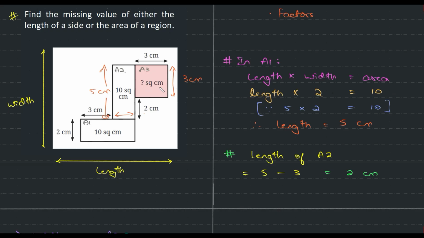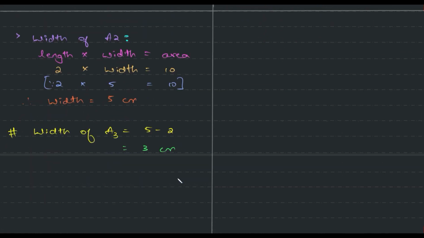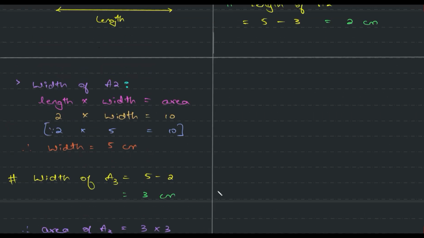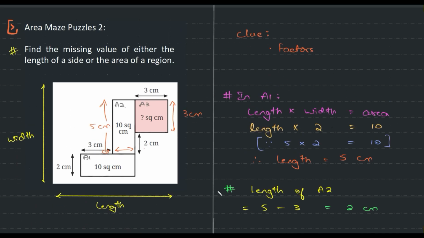And so this is 3, this is 3, then the area of A3 will be correct. Therefore, area of A3 is equal to 3 into 3, that is 9. Always remember square feet. Okay, yes. This I was able to write a bit systematically.